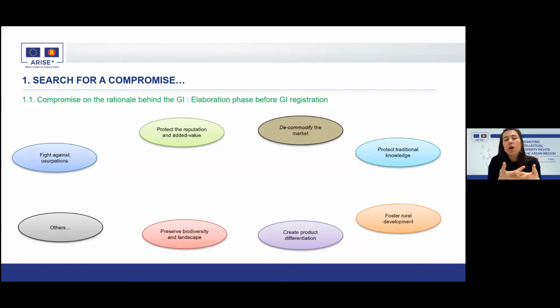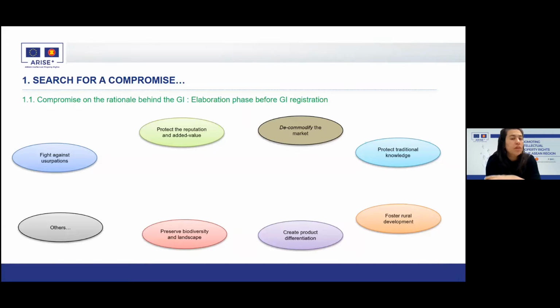It can also be a more offensive strategy to decommodify the market and find a niche market for the product, but also to protect traditional knowledge and foster rural development in a global approach. It can also be to create product differentiation, preserve biodiversity and landscape, or many other rationales.